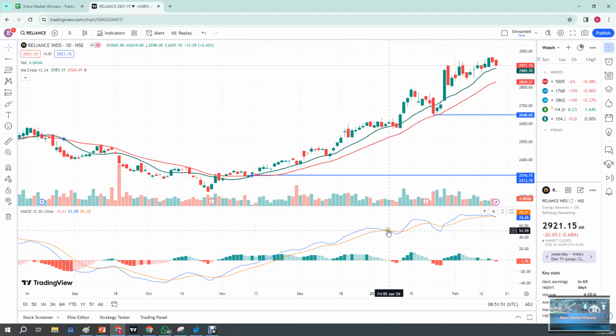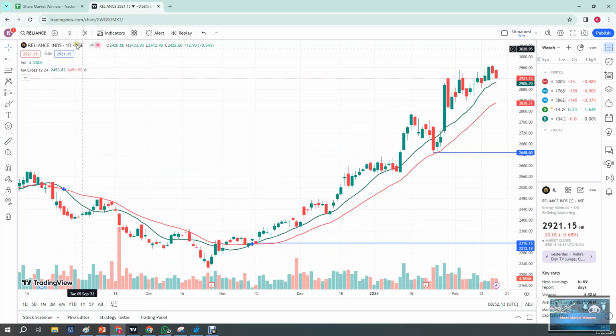But for a safe exit, I would consider an exit at this point. Okay, this can be used as an additional confirmation indicator, called moving average convergence and divergence, to reduce the noise.